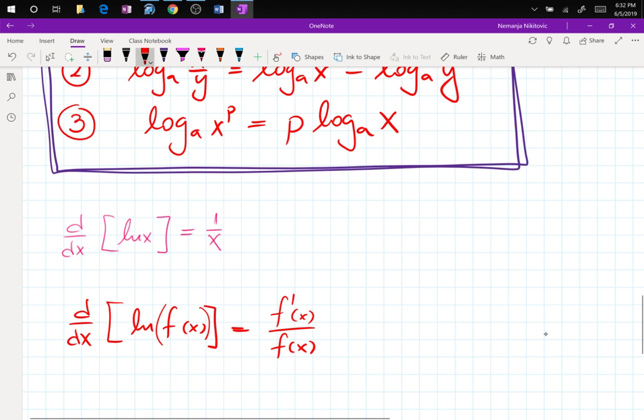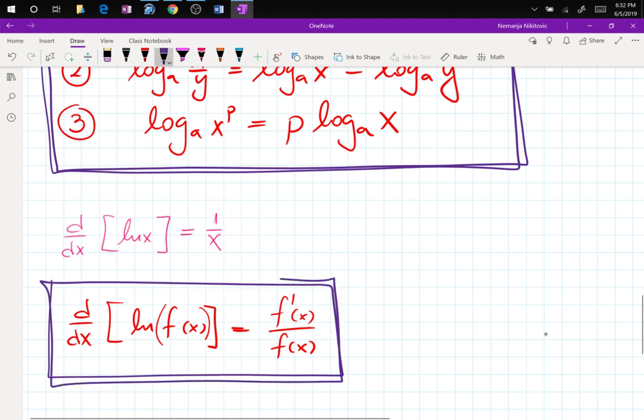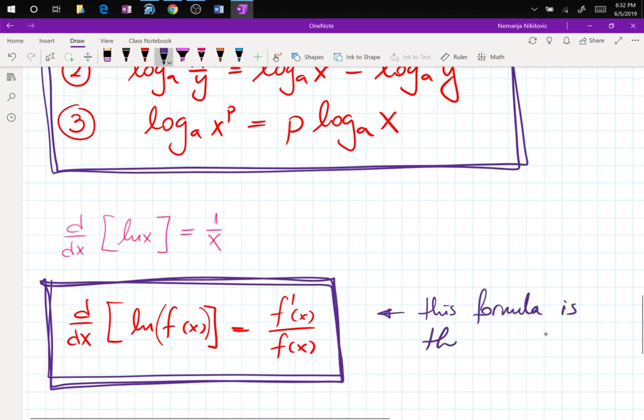So you copy the function as is in the denominator and you take the derivative in the numerator and you're done. This is the formula that you will be using most of the time. This formula is the boss.